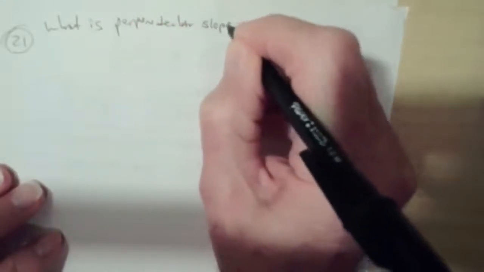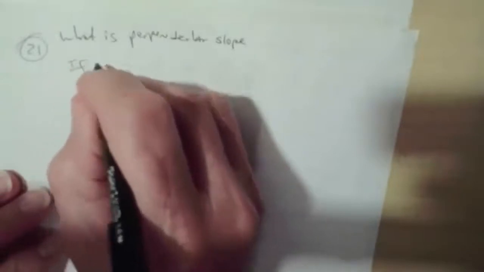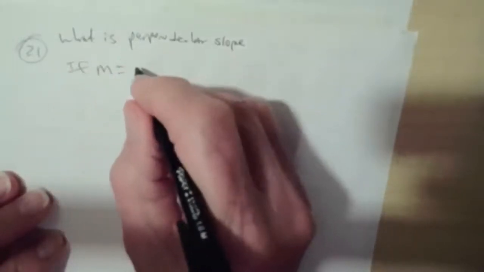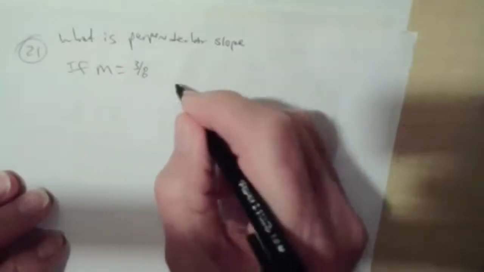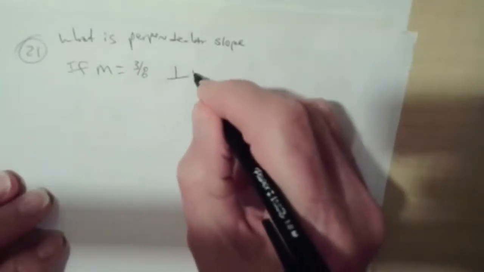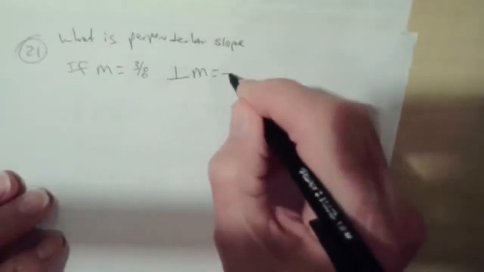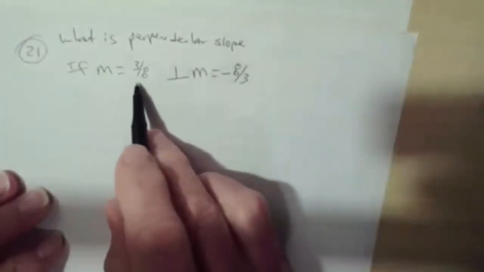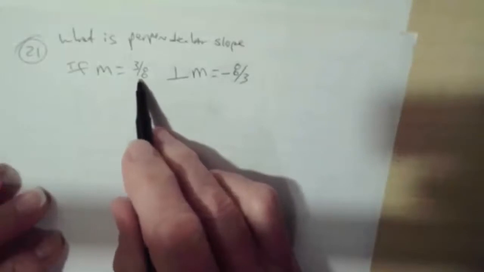Given the slope, so if our slope is 3/8, the perpendicular slope is -8/3. Okay, it's the negative reciprocal. What's reciprocal mean? Flip the numbers over.